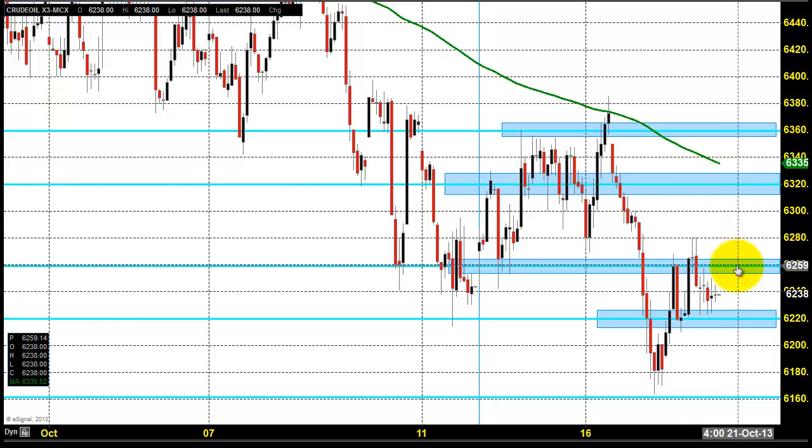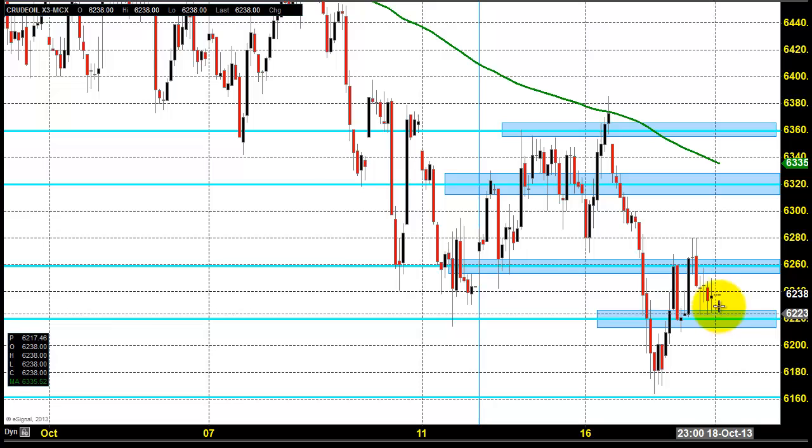So these are going to be the criteria. If the market is going to continue the downtrend which it followed for the last few weeks, then it should not stay above 6260. This is going to be a very good area, and we should focus more on it. The second area where we will be focusing is the bottom support zone, 6220.